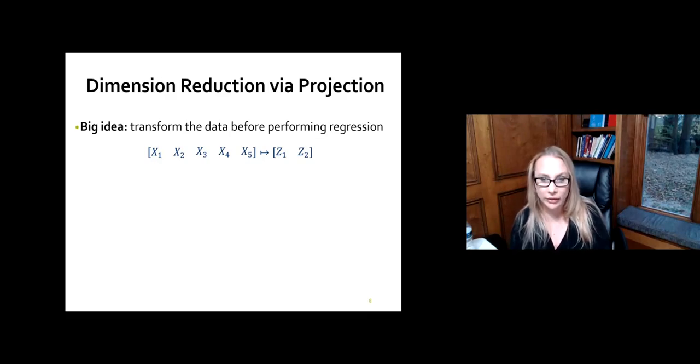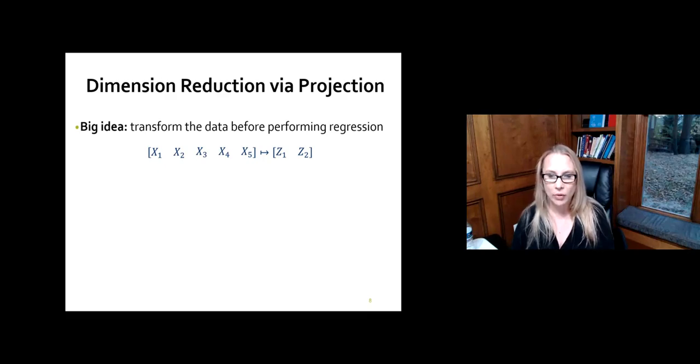Why would we want to do that? Perhaps there's multicollinearity between our variables, and by using principal components, which are orthogonal to each other, which means they are independent of each other, they will not exhibit any of our multicollinearity issues. Also, with all things being equal, if we have fewer predictors, it's going to lead to a simpler model, and that would be another reason why we might want to use principal component regression.